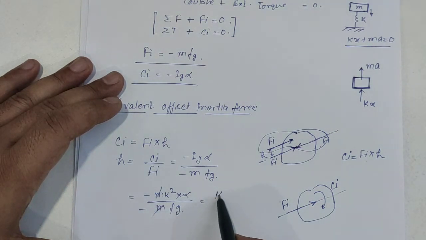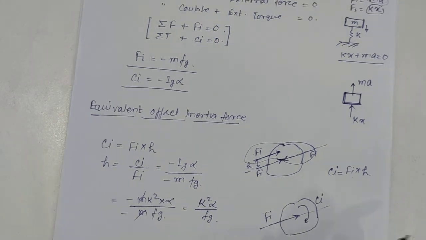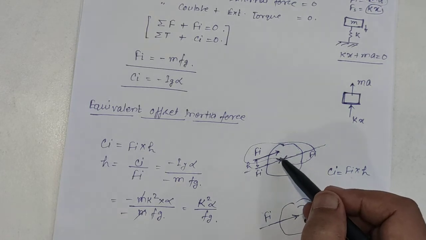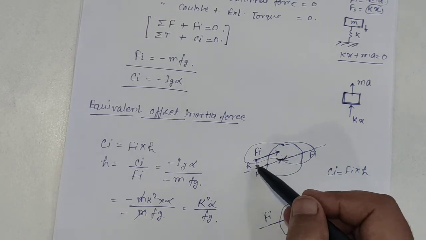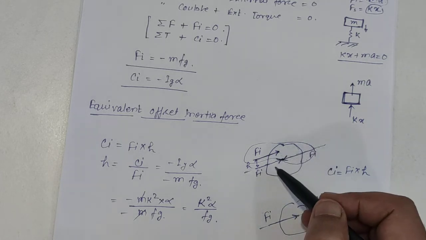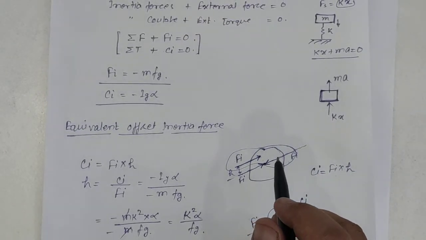We can say k square into alpha divided by Fg. So if we are having the inertial force displaced by some distance, this inertial force can be converted into one inertial force acting at the center of mass and producing a couple. So this is for the D'Alembert principle.